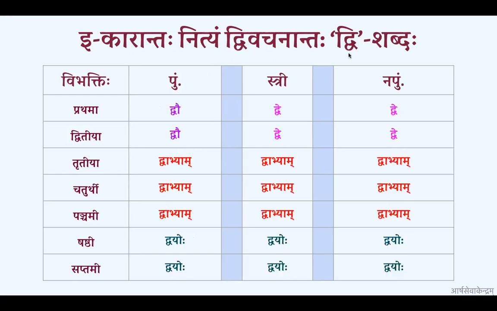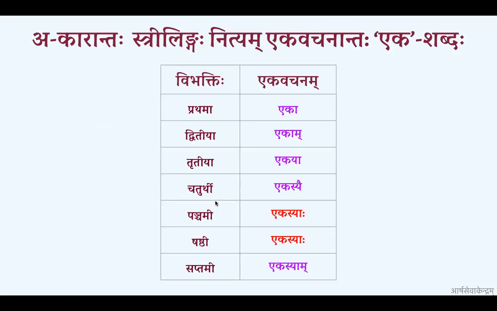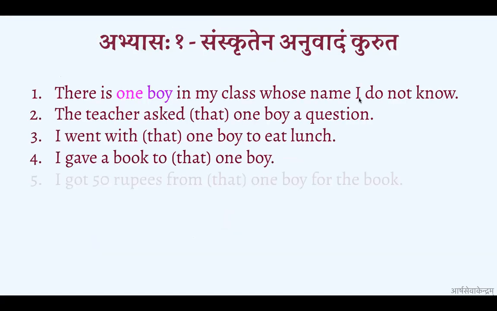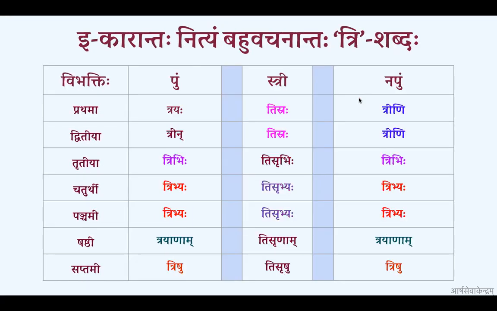Same way, the Dvi exists in Dvivachana only. They don't have Eka or Bahuvachana forms. And likewise, the Eka Shabda exists only in Ekavachana. There is an exception, and there are forms that exist in Dvivachana and Bahuvachana, but let's not talk about that. For all practical purposes, Eka exists only in Ekavachana.